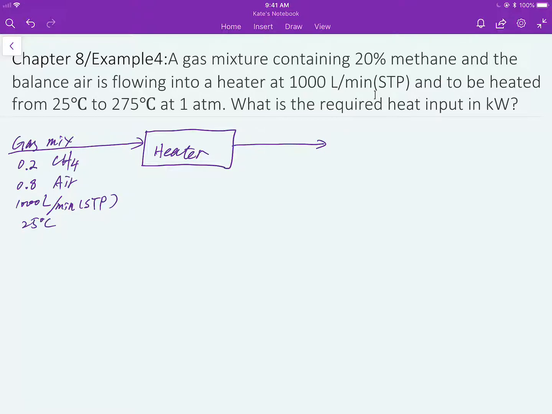Input temperature is 25 degrees Celsius, output is 275, and pressure is constant, that's 1 atm. And we need to calculate the heat input in kilowatt.